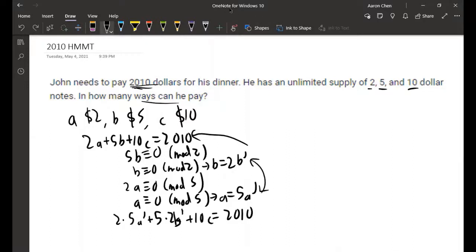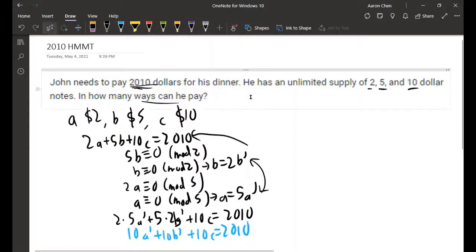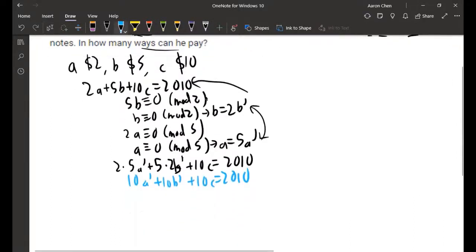So that gives 10A prime plus 10B prime plus 10C equals 2010. If you divide this by 10, you get A prime plus B prime plus C equals 201.